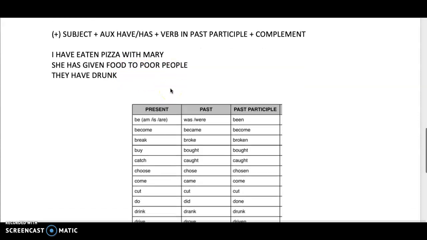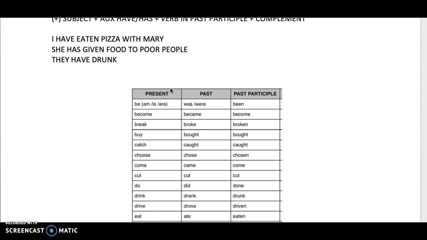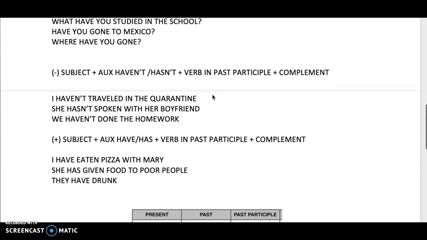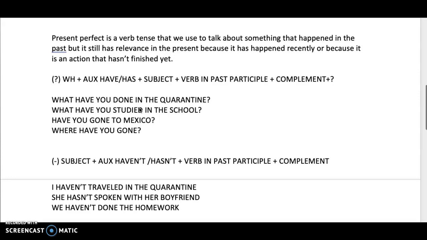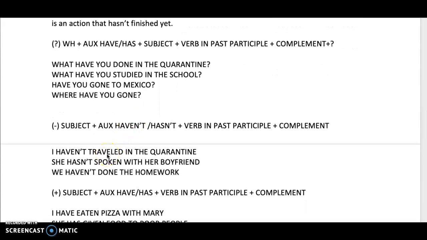Okay? Now, remember that we have two types of verbs. The irregular verbs, the ones that change, as an example you have here, and the regular verbs are the ones that we always use from simple past. Okay? What examples do we have for regular verbs in here? We have studied, we have traveled, are examples for regular verbs.